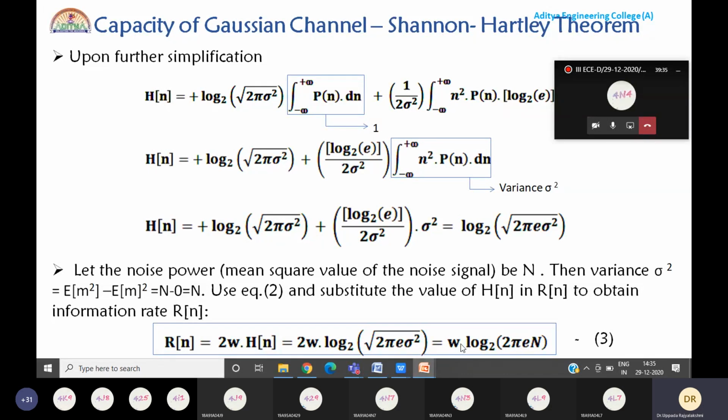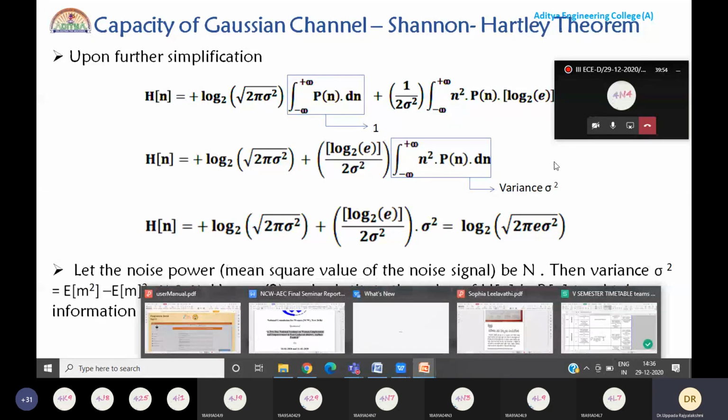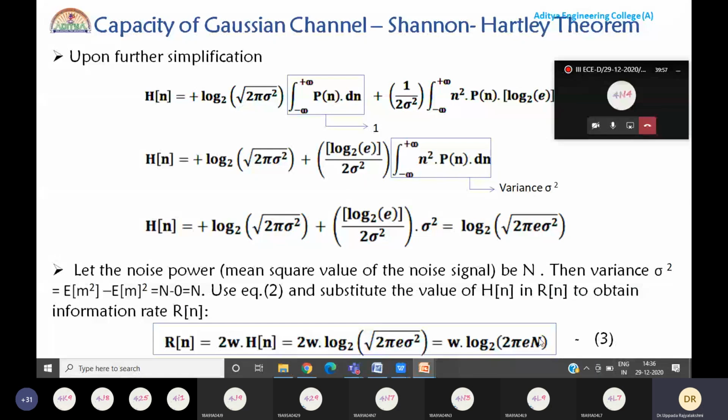So I can write it as omega into log, because half and 2 get cancelled. So you will get omega into log 2 pi e N base 2. Now please take it as equation 3.